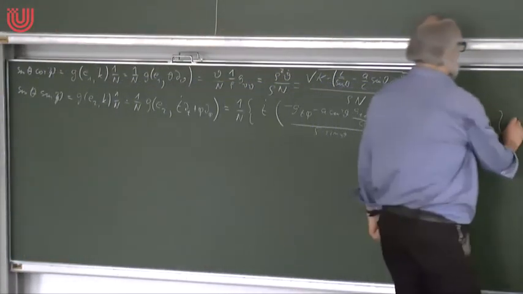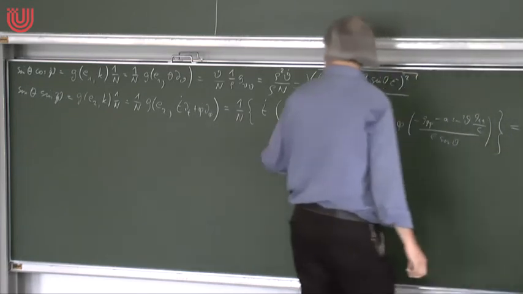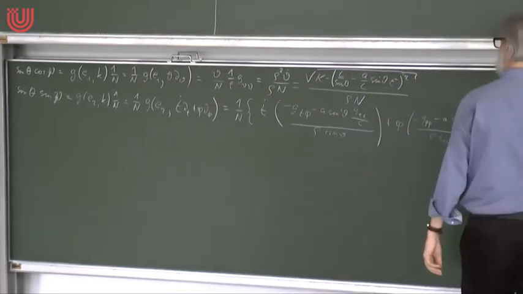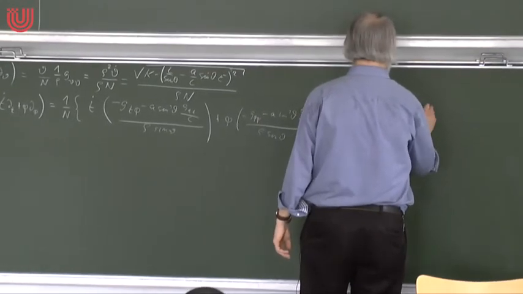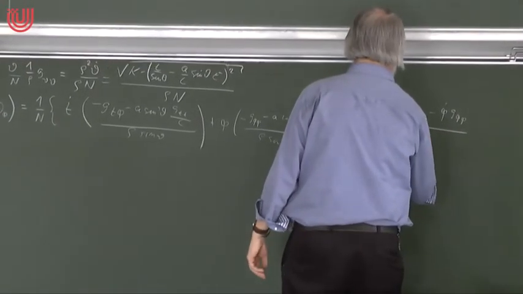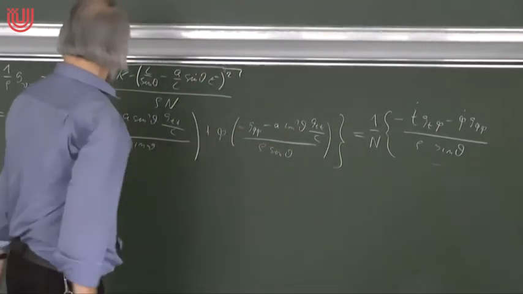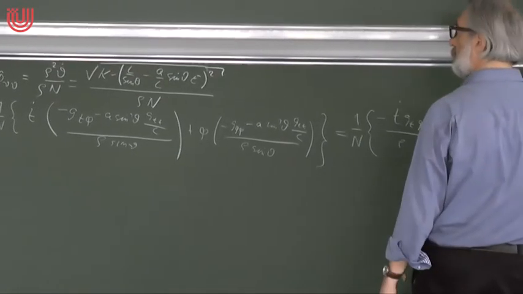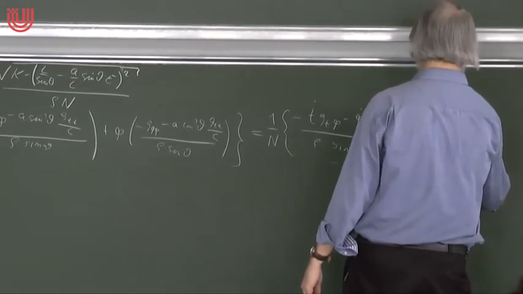Okay. And now I'm really curious if this works out the way I hope it will. Namely, if I combine these two terms, then I get minus t dot gt phi, G phi phi divided by rho sine theta. And if I combine these two terms, I have minus a sine squared of theta t dot gtt.